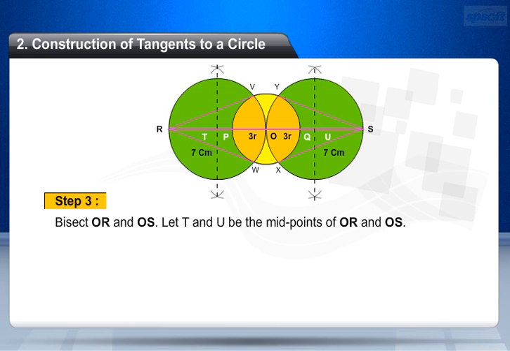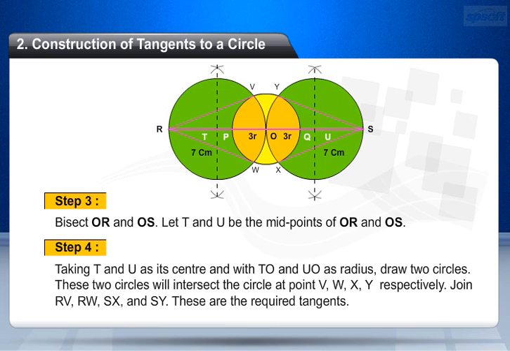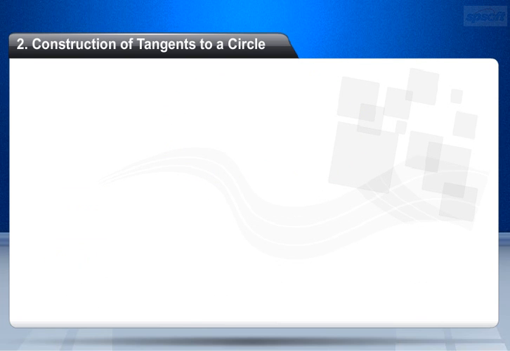Let T and U be the midpoints of OR and OS. Step 4. Taking T and U as centers, and with TO and UO as radii, draw 2 circles. These 2 circles will intersect the circle at points V, W, X, Y respectively. Join RV, RW, SX, and SY. These are the required tangents.